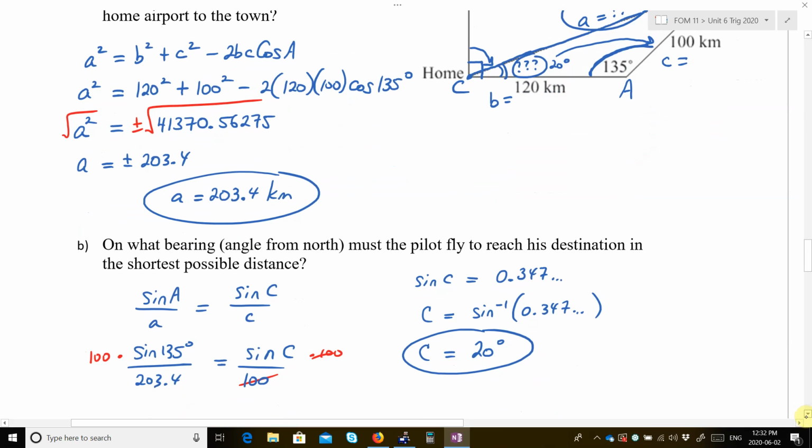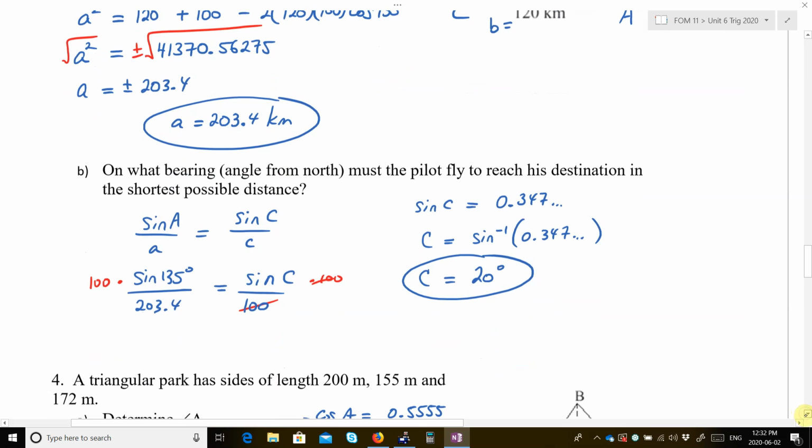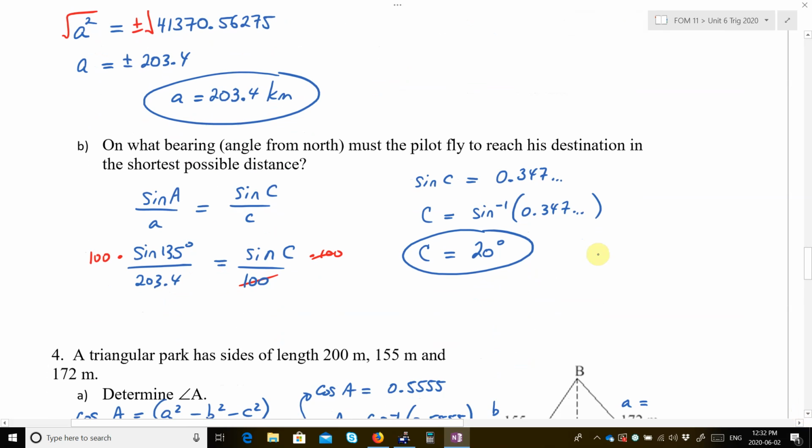They just got that little angle C. So actually the angle from north would be this one. And since that's 20 and the whole thing is 90, the angle from north is 70. So on what bearing? The bearing angle should equal 70 degrees, angle from north. Even the answer key didn't take that extra step.